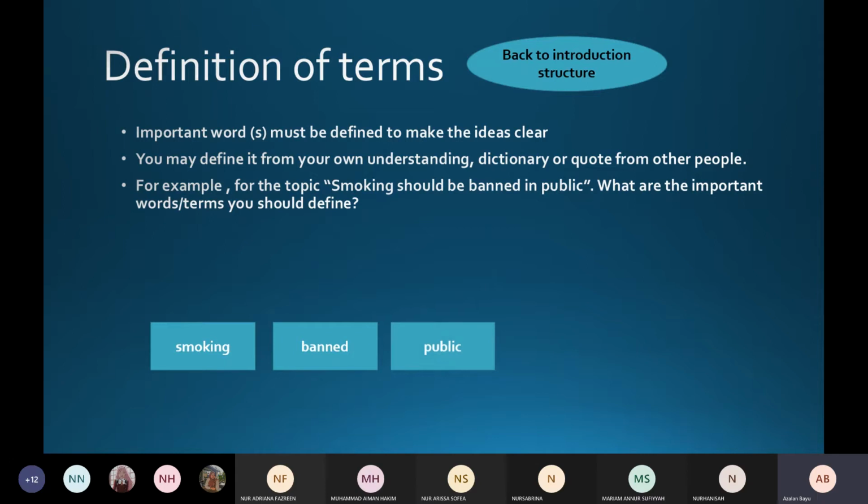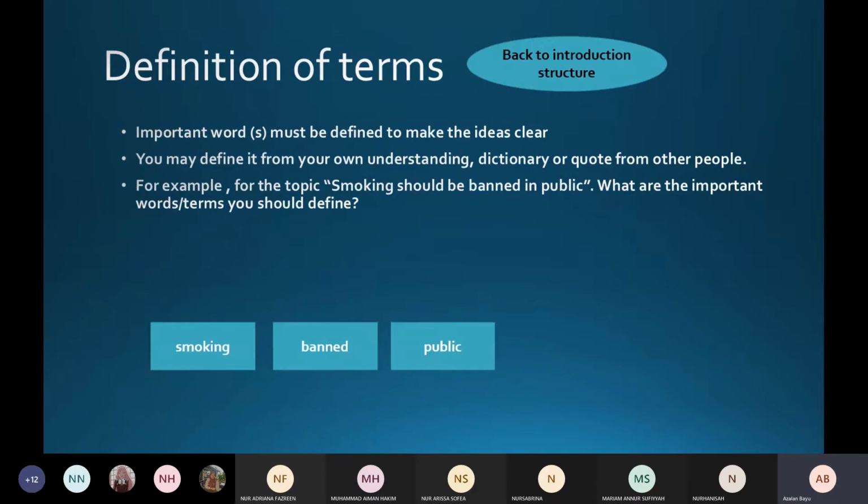Which one I think you maybe want to define ataupun you rasa perkataan tu sangat mungkin orang akan keliru ataupun orang mungkin tak faham. So kita kena define maksimum pun 2 perkataan, tak lebih, because dia akan membanyakkan you punya word. So kita pilih 2 sahaja. Antara smoking, ban and public, which 2 of them yang you rasa penting untuk didefinekan?